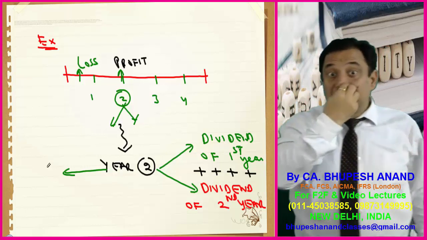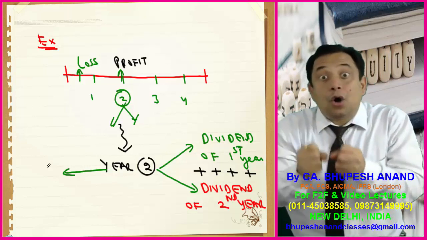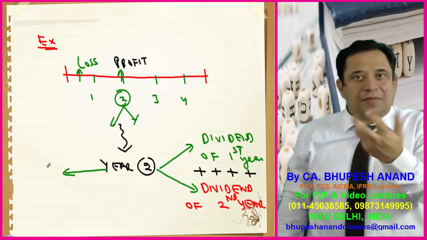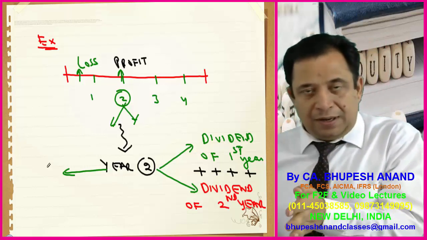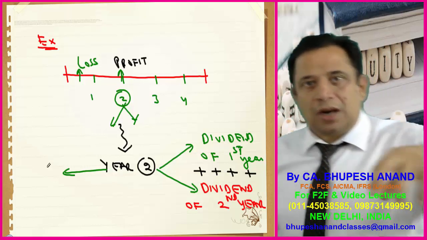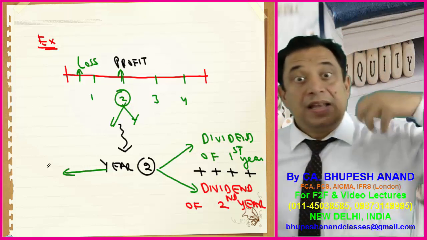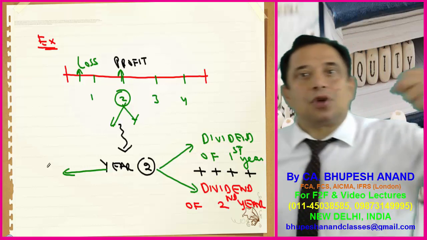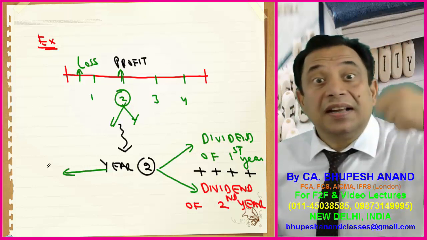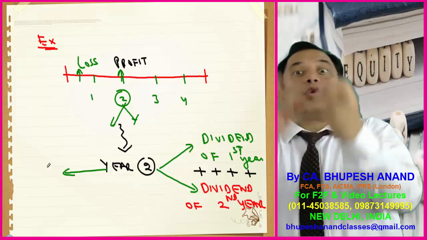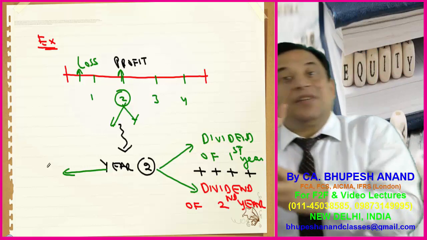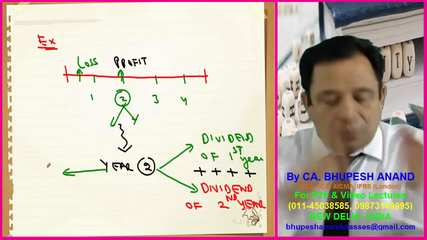You're getting the point? So, preferred stock can be of two types as per this time interval: cumulative preferred stock and non-cumulative preferred stock. In case of cumulative preferred stock, the dividend is cumulative and it is paid in totality in the year of profit. But in case of non-cumulative, the dividend is not cumulative.